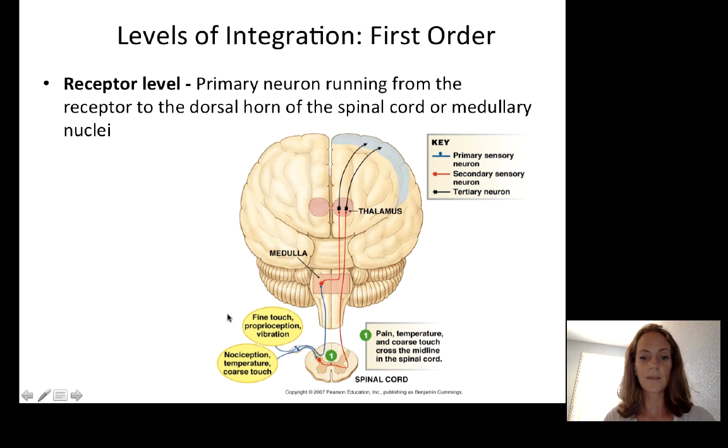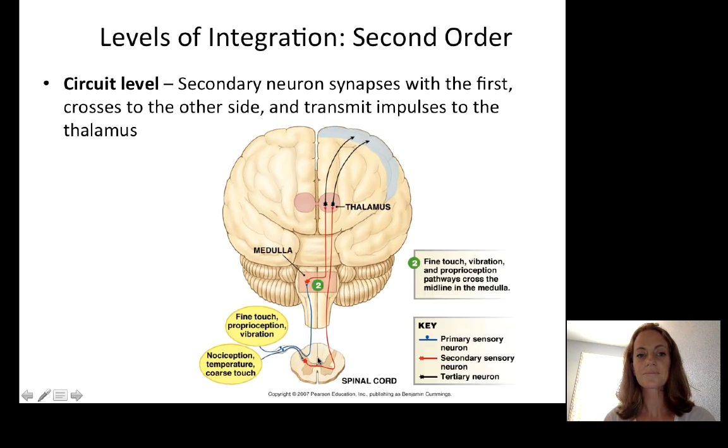The example here is somatic sensation: touch, proprioception, vibration, pain, temperature, coarse touch traveling into the spinal cord from the spinal nerves. This will be the first order going into the dorsal horn of the spinal cord.